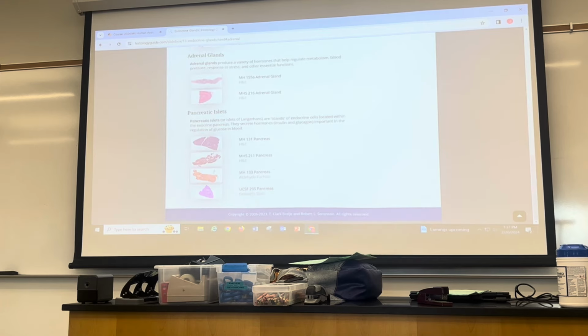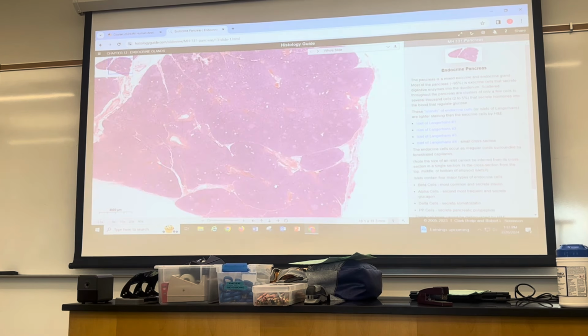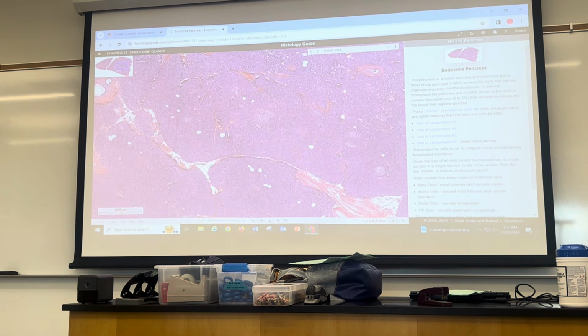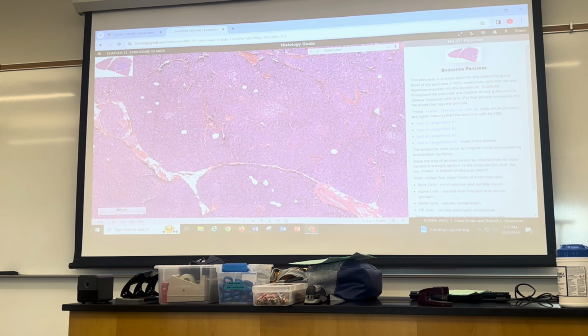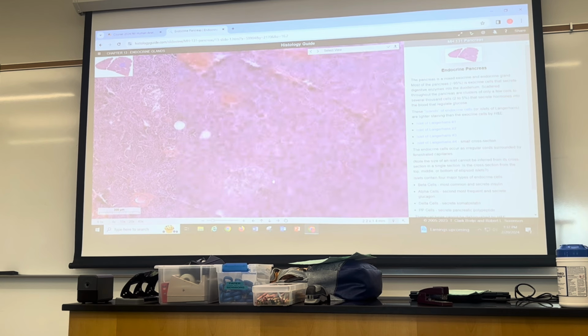All right, pancreas. Kind of a double hit because this is a digestive gland and an endocrine gland. How do you know pancreas? Because of the islets, or the islets of Langerhans.